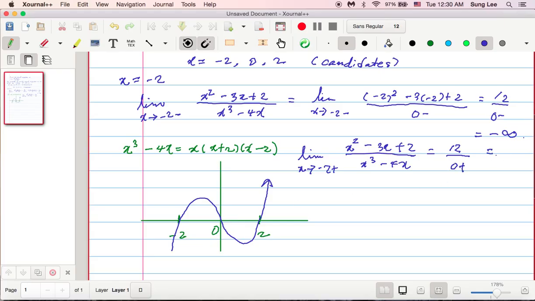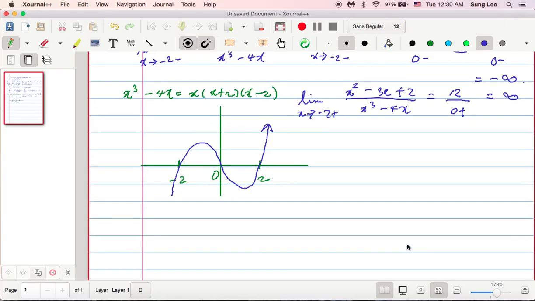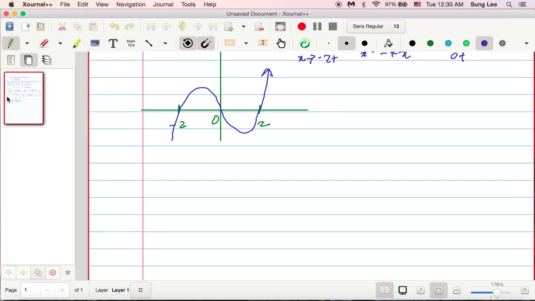So that's gonna make the overall value positive infinity. Okay? Right. So anyway, x equals -2 is a vertical asymptote. All right, so next one we want to examine is x equals 0.